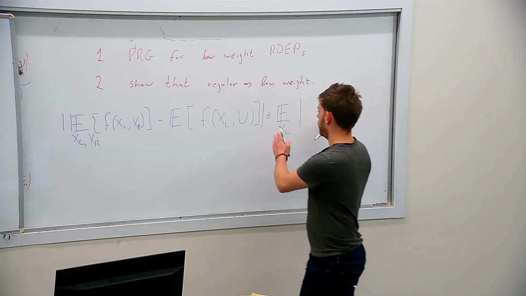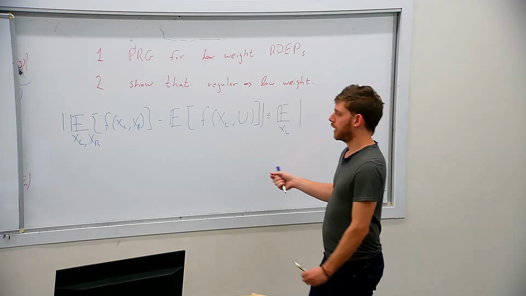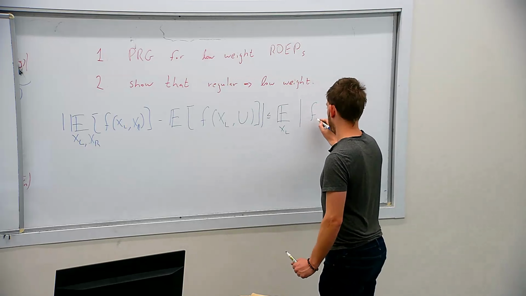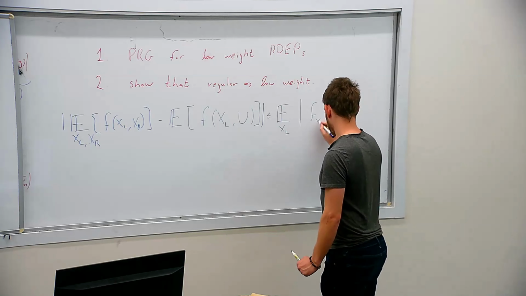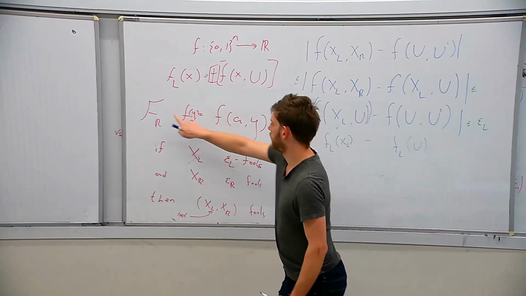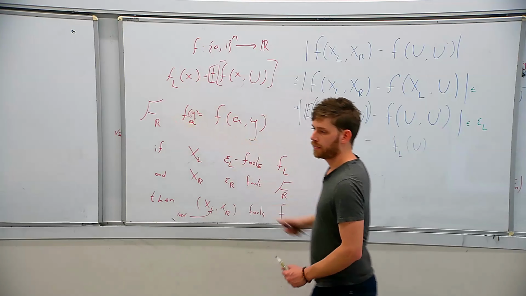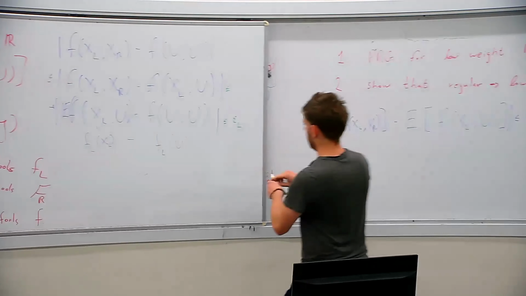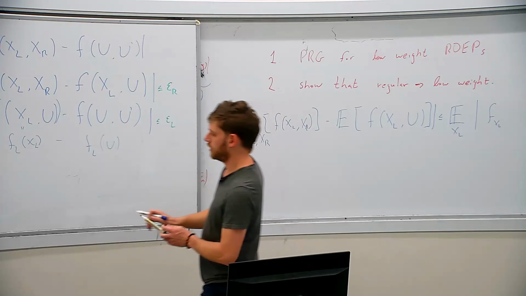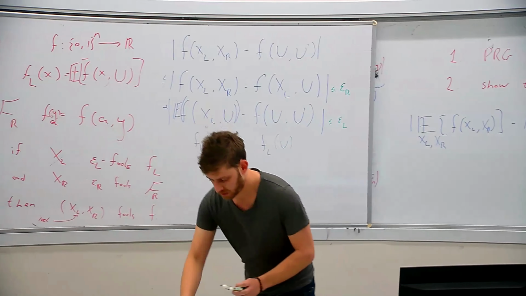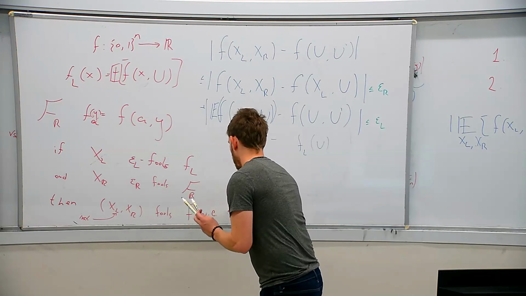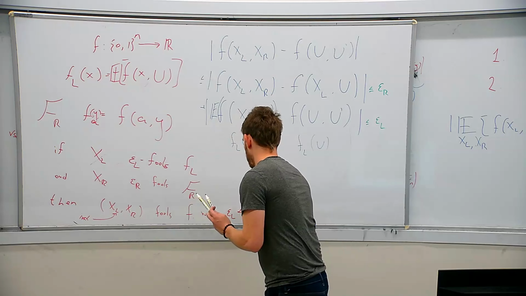And then inside the absolute value, we have fixed XL, so we can call it F XL, it's from this family. So it's just at most epsilon now. Yeah, exactly. And so we choose it. Now, epsilon L plus epsilon.